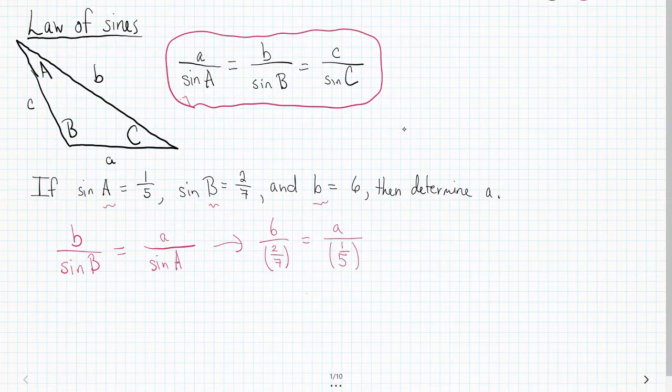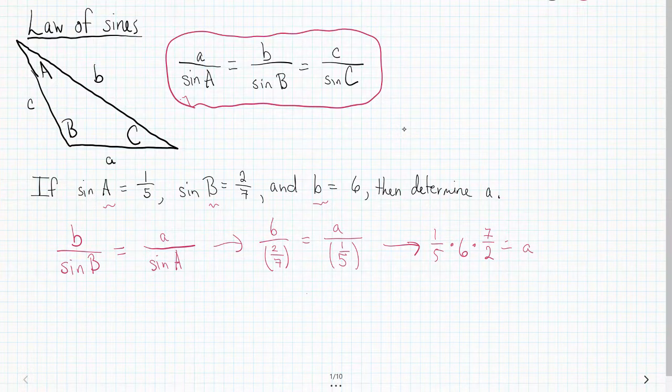Well, in order to solve for a, we multiply both sides by 1/5, and then instead of dividing by 2/7, we can multiply by 7/2, because you multiply by the reciprocal. So we'll take 1/5 times 6 times 7/2 equals a, where it's the lowercase a.